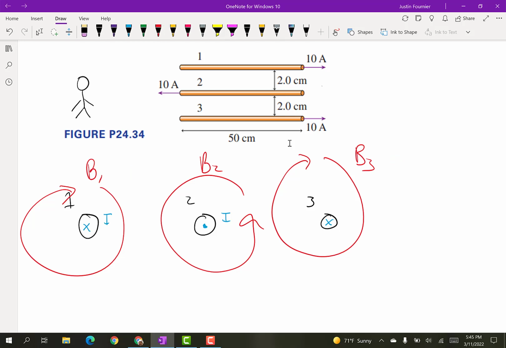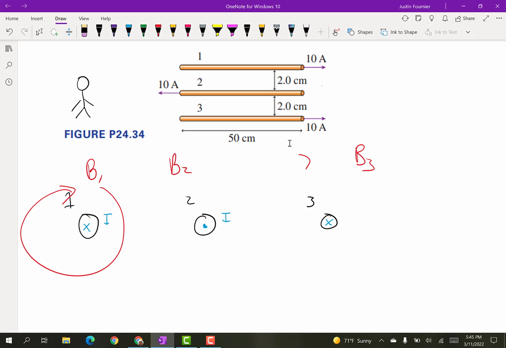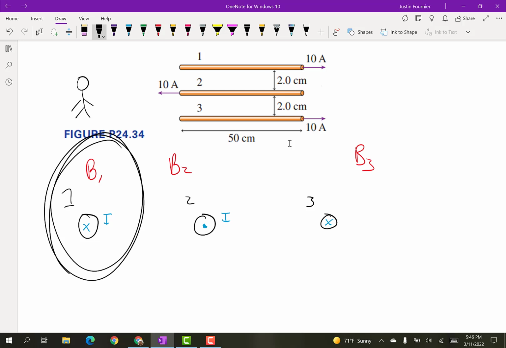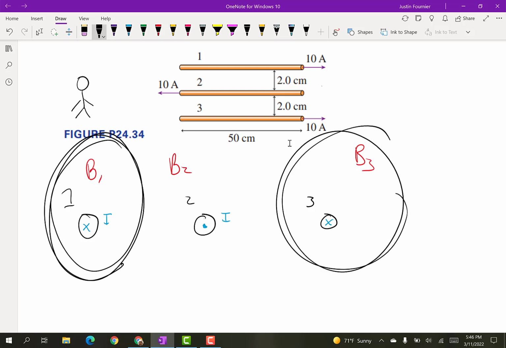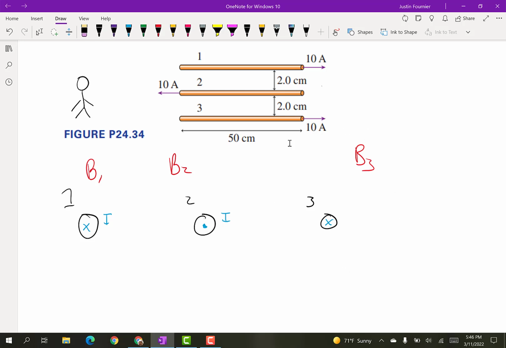The first thing I want to address is the force on wire 2. First I want to find out the magnetic field at wire 2. Wire 2 can't exert a magnetic field on itself, but it can feel magnetic fields from wire 1 and wire 3, and that could cause a force.